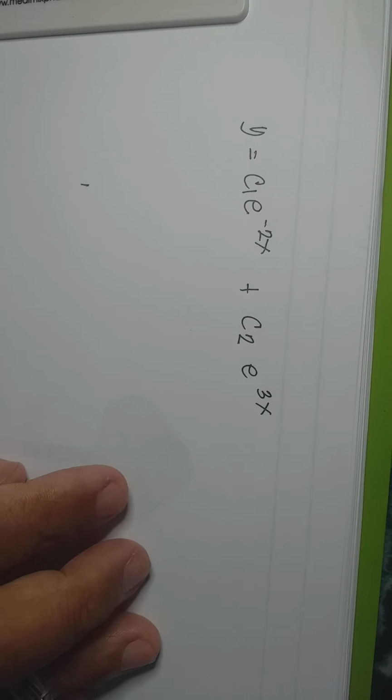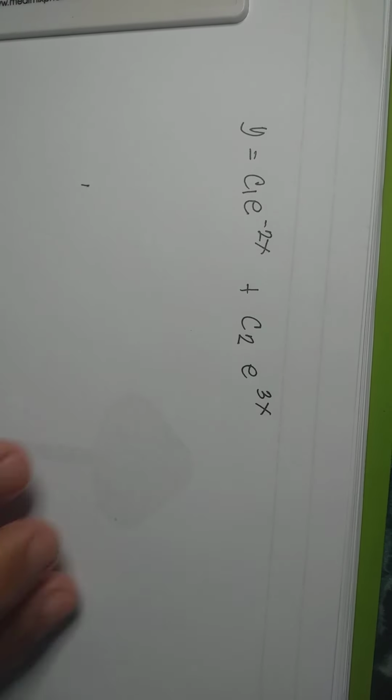Okay. To eliminate the arbitrary constant, we have to differentiate this equation given to us twice. Take note of this.